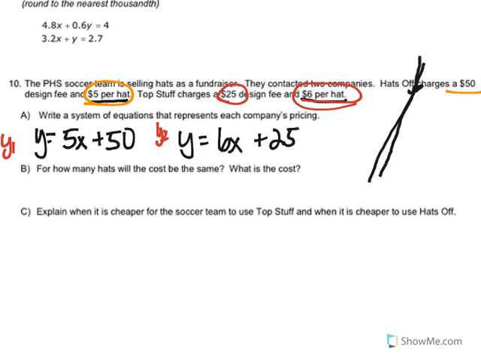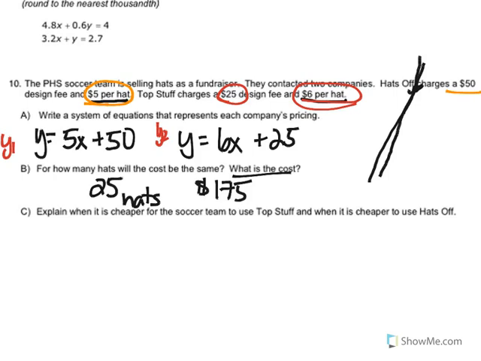And then second trace 5, enter, enter, enter, and you're going to find out that the intersection point is 25. X equals 25, so x is going to be your number of hats, and the cost is $175.